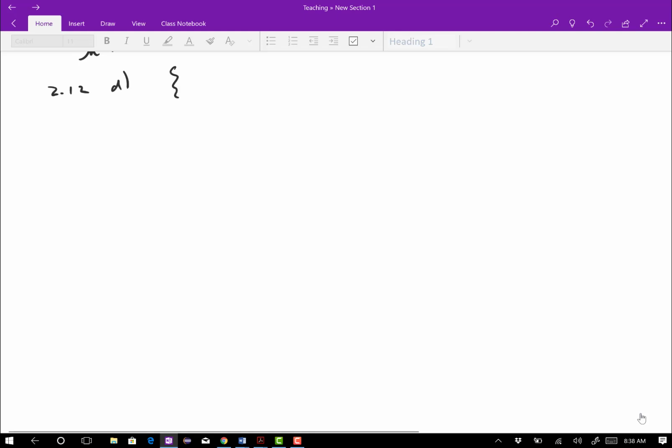So that is expressed as x's such that the 2 norm, so when we say closer, we're using closer in the Euclidean sense here, the 2 norm of x minus x0 is less than or equal to the 2 norm of x minus y for all y in our set S. Okay, so again, this is all the x's that are closer to some given point than a given set.